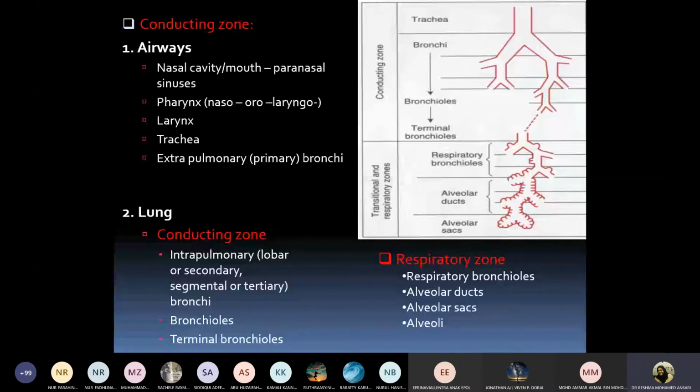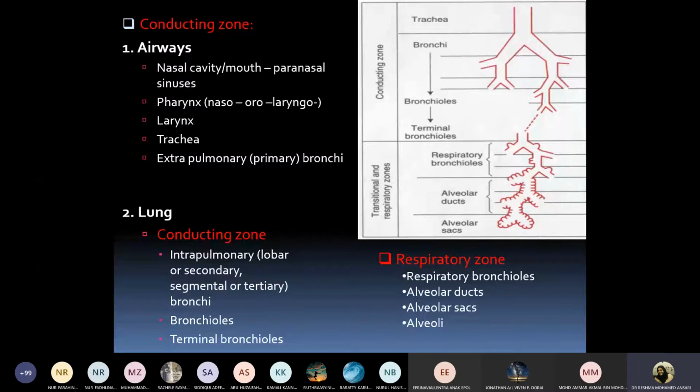Larynx is otherwise known as the voice box. So this conducts your air. The air then passes into the trachea. From the trachea it goes to the primary bronchus. Once the primary bronchus divides into smaller bronchi, which we call secondary or tertiary bronchi, that enters the lung.